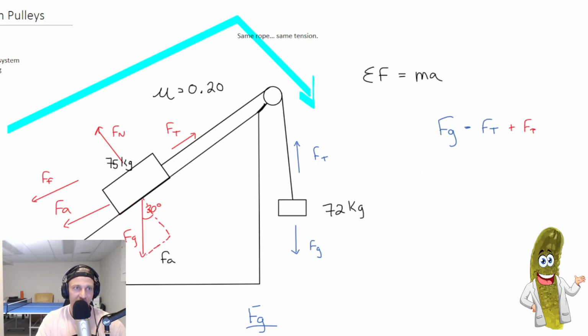Okay? A little bit confusing, but that's what we end up doing. The next components that we have here is we have the applied force working against us. Applied force, not the gravitational force. And we have the force of friction working against us as well. And all of that is going to equal our mass times our acceleration.